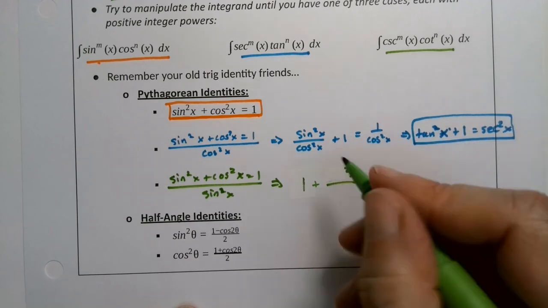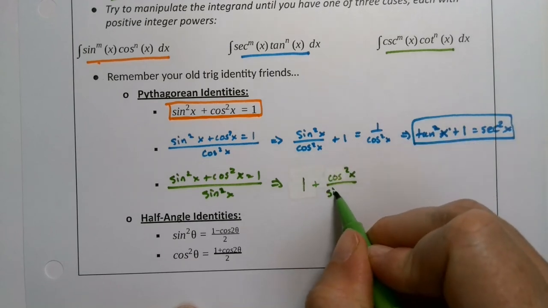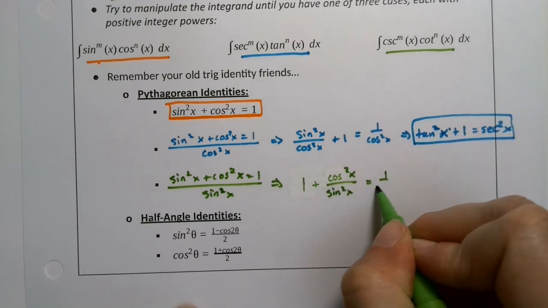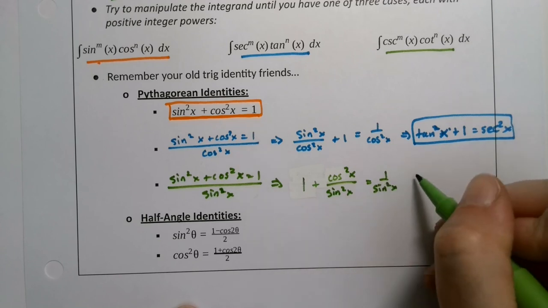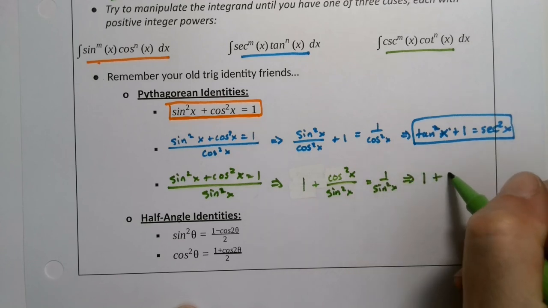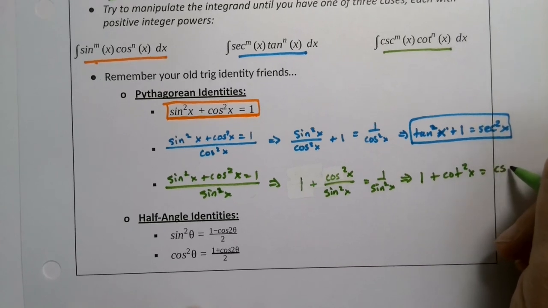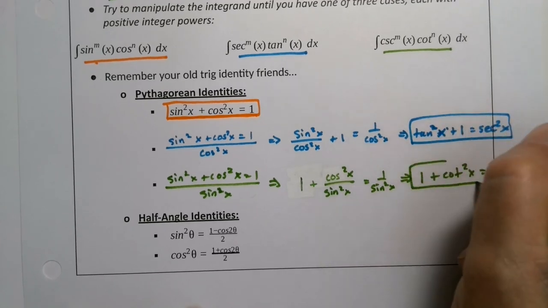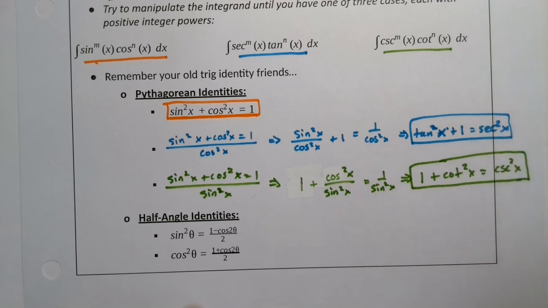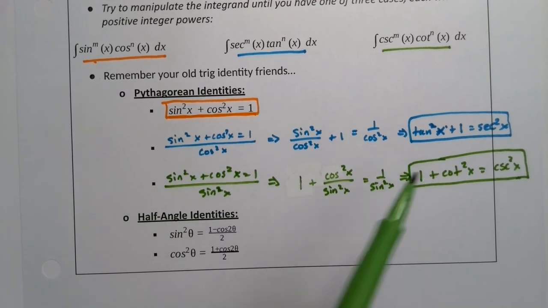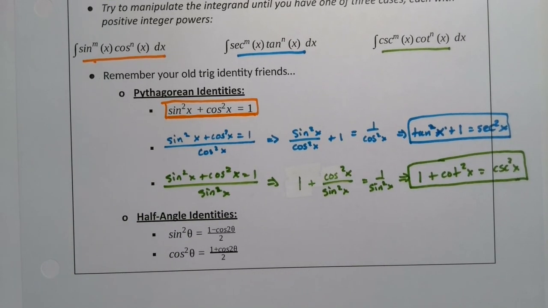I'm losing my brain. All right, cosine squared over sine squared equals 1 over sine squared, which is 1 plus cotangent squared equals cosecant squared. So there are the 3 Pythagorean identities. If you know the first one, you know the other 2, because it's not that hard to develop them as long as you remember what you're dividing by.